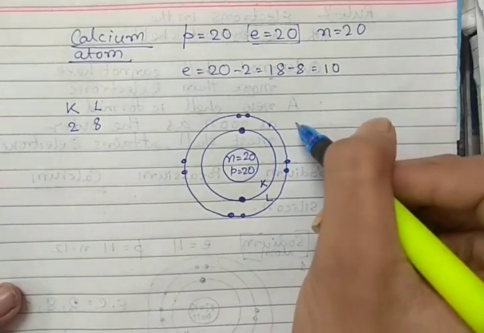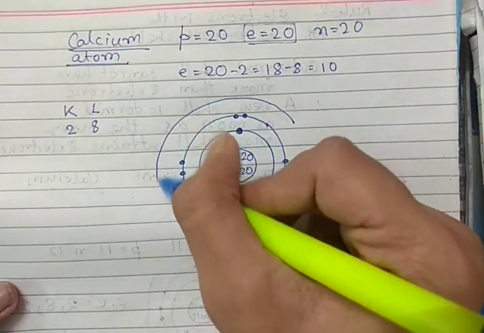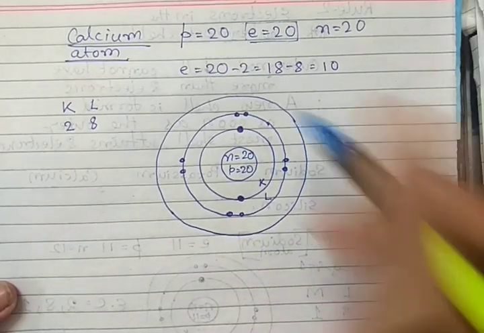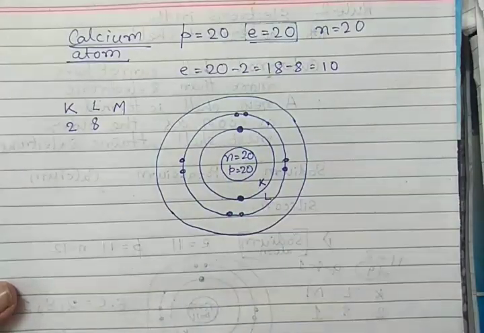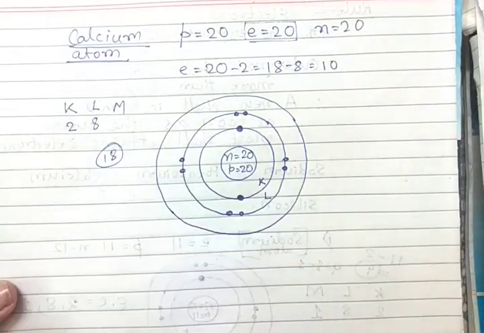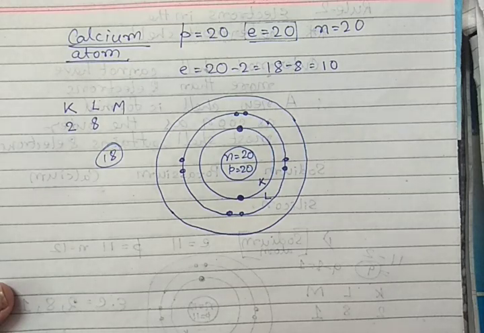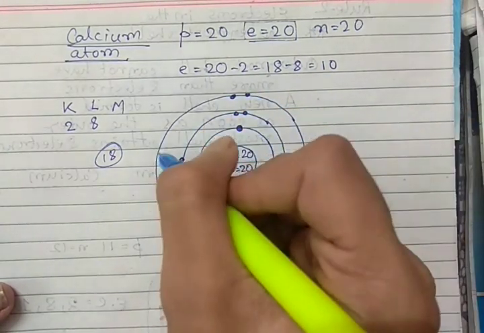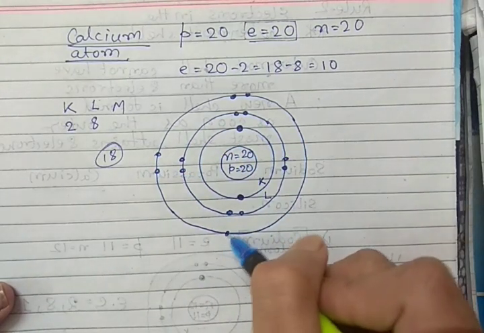Then comes the M shell. Now what is the maximum capacity of electrons in the M shell? The M shell has a maximum capacity of accommodating 18 electrons, but 1 2 3 4 5 6 7 8.